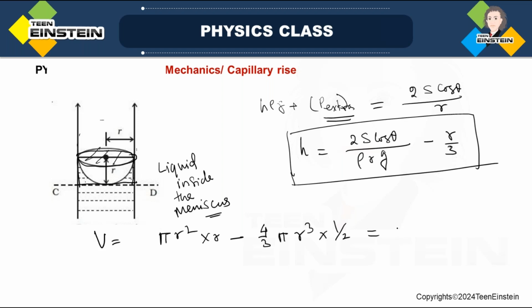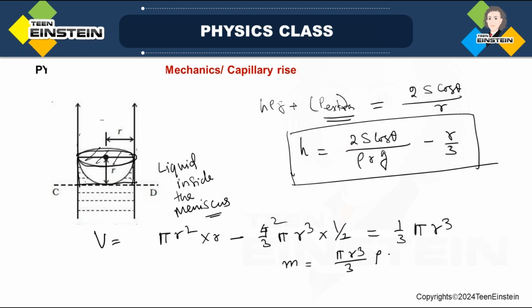So I'll get here, this 2 will cancel, so it will be 1/3 pi r cube. This is the volume, and what will be the mass? Mass will be pi r cube by 3 into rho.